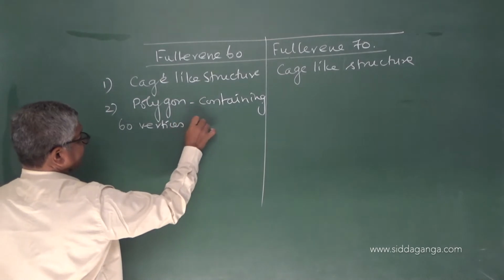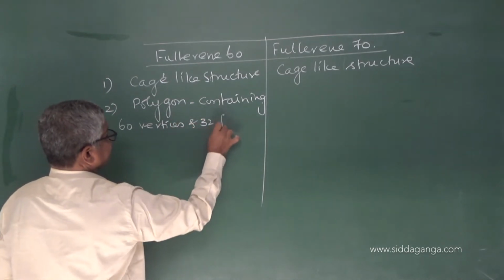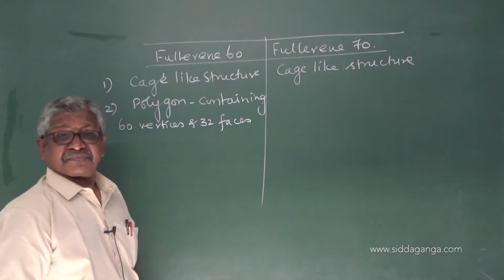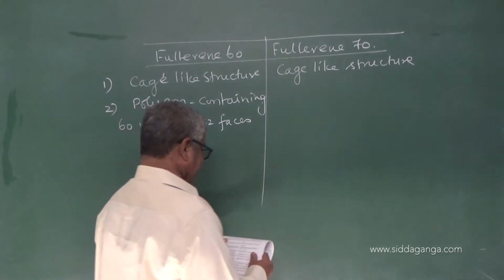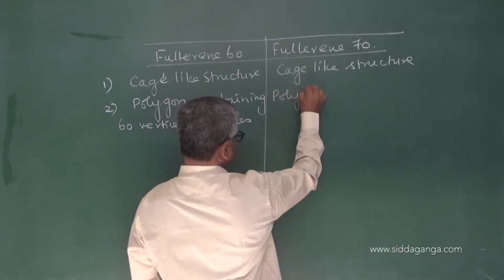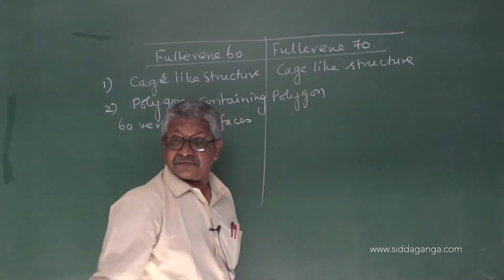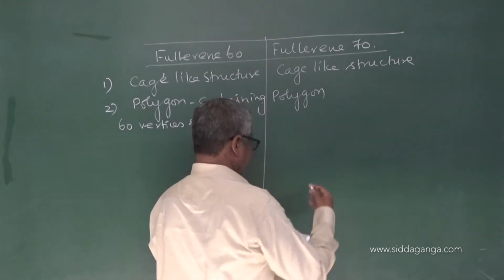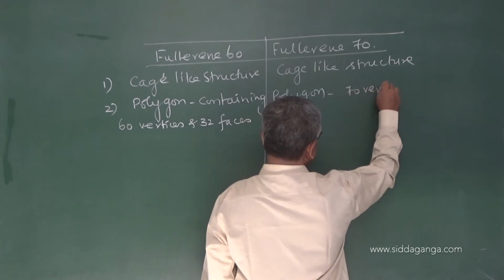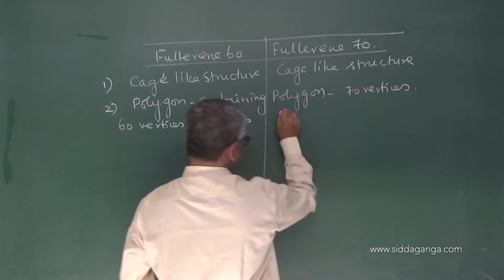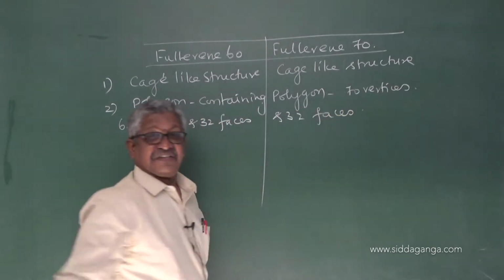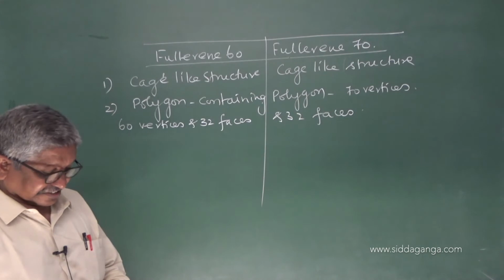And fullerene 70 is also a polygon with 70 vertices and 32 faces.